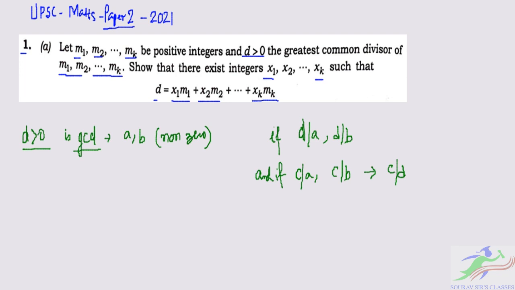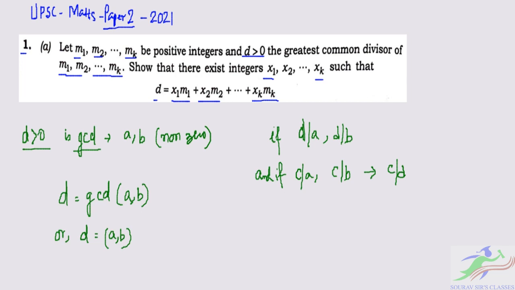So we can write d is equal to the GCD of a, b, or simply d is equal to (a, b). Let us take S.